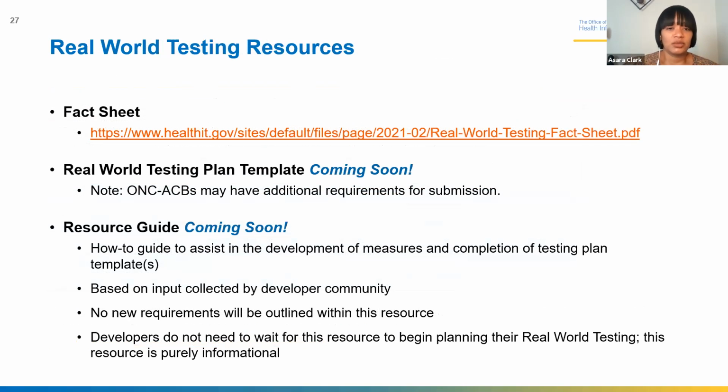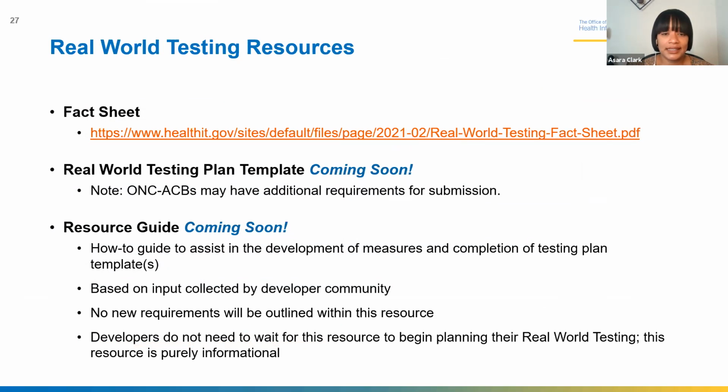So I promised that I would talk a little bit about some extra resources that we are going to have available. You may or may not be familiar with the fact that we did put out a fact sheet back in February, March-ish this year. That fact sheet gives a practical overview of everything that I went over today. It's actually a really great overview of real-world testing.